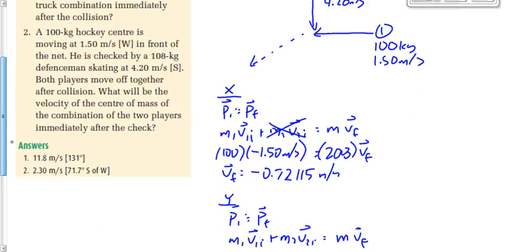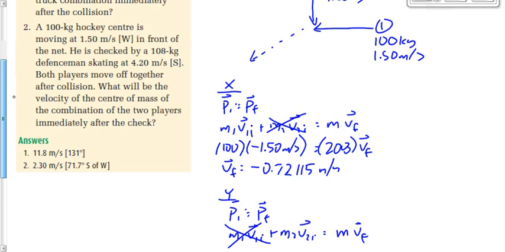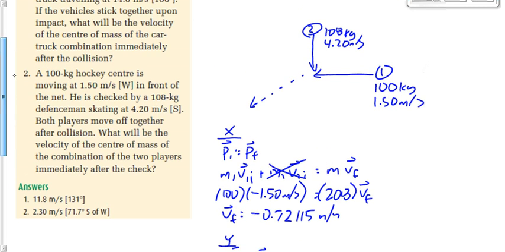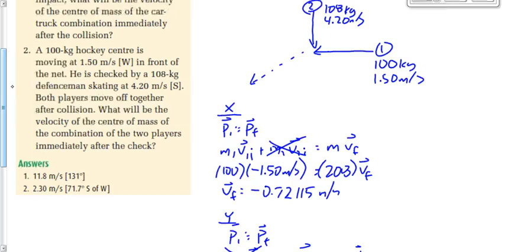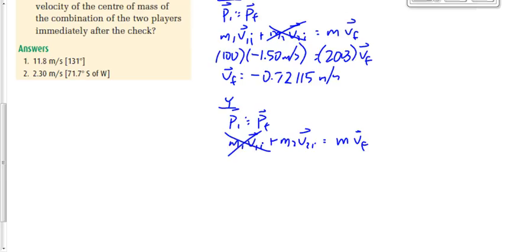We're ignoring anything X. And that's what V1I was. V2I. And well, M2 is 108 kilograms. V2I, who haven't I got here? Laura? Yeah. Almost. Good. Negative 4.20. And the combined mass is 208 again.